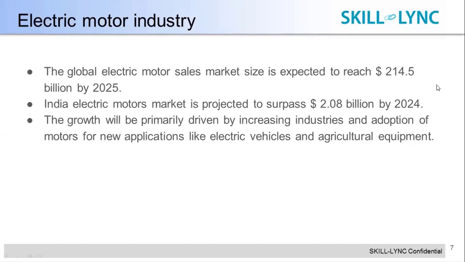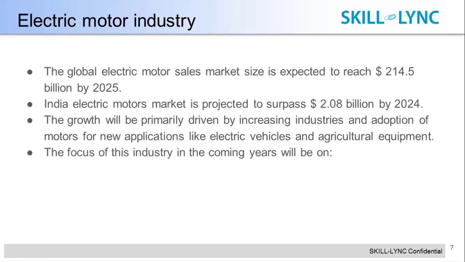If each and every vehicle has to be replaced by an electric vehicle, then what would be the size of the electric motor market. Same is true for agricultural equipment. In India, the agricultural sector is very huge, and if all the equipment there is to be converted to electric driven, then there is a huge market for motors.